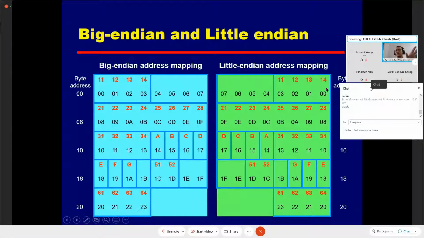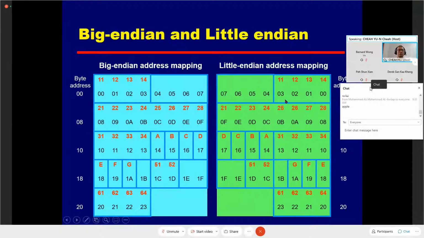But now you'll tell me, doctor, why isn't the 0,0 11, the 0,1 12, then 0,2 13, and 0,3 14? Now, as I told you, an apple is an apple. It must look the same no matter whether it's big endian or little endian. But you start filling from the right byte, the right chunk of your memory. So that's why you start on this side and it's still 11, 12, 13, 14. It must look the same.